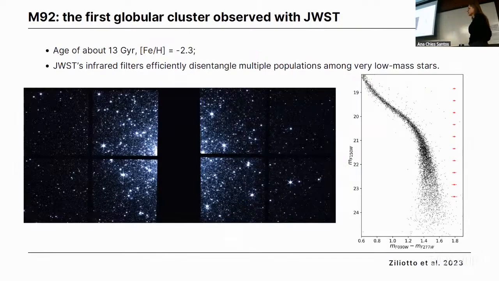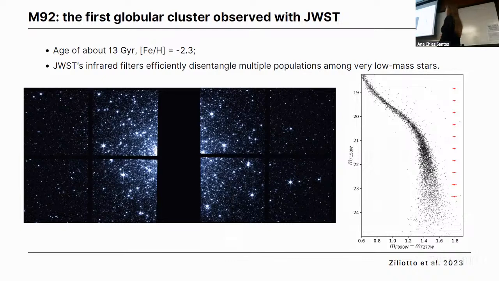So in this context, M92 was the first globular cluster ever observed with JWST. It is a very old cluster with an age of 13 gigayears, and it's also very, very metal poor with metallicity of minus 2.3.